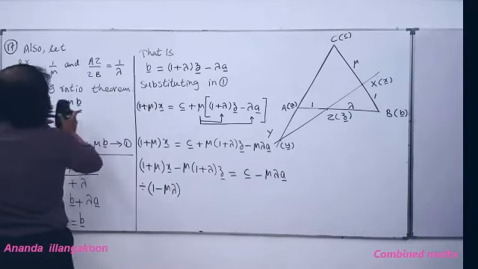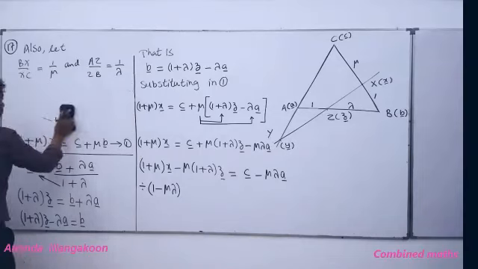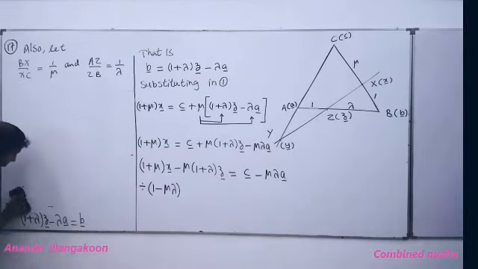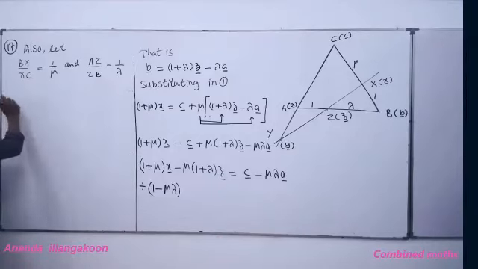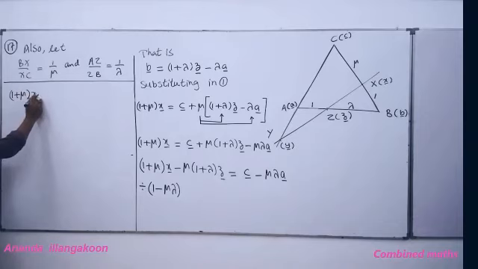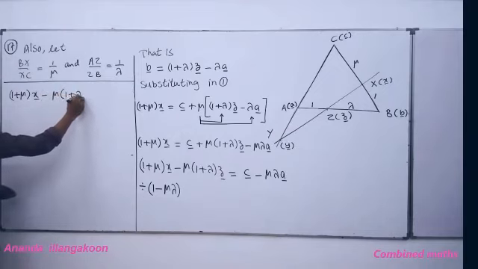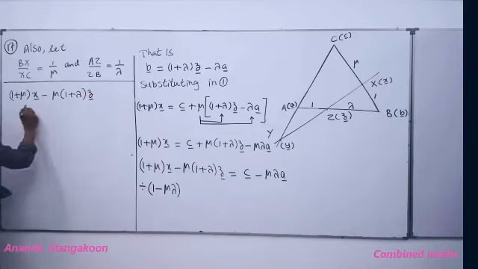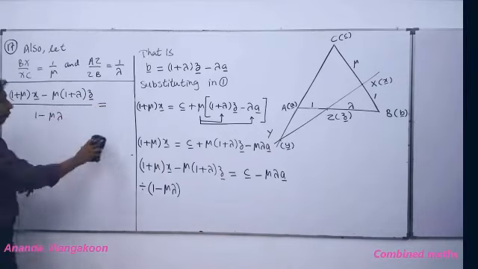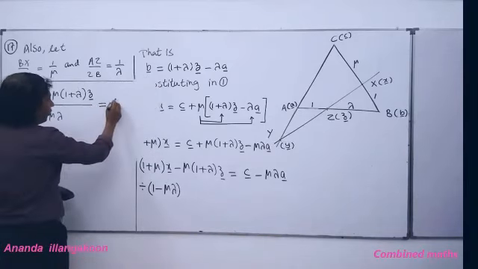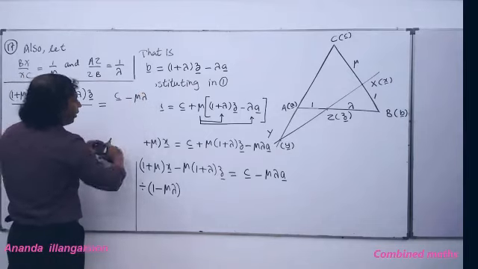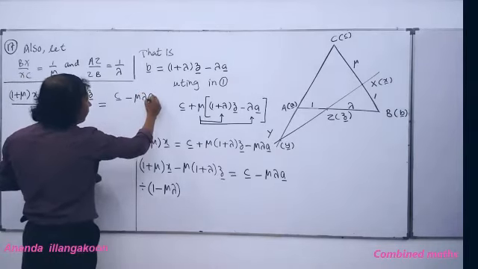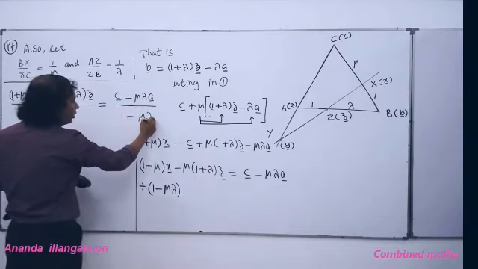Shall I write that here? Then I get this one. 1 plus mu times X vector minus mu times 1 plus lambda times Z vector, whole thing divided by 1 minus mu lambda is equal to the right hand side, C minus mu lambda A divided by 1 minus mu lambda.